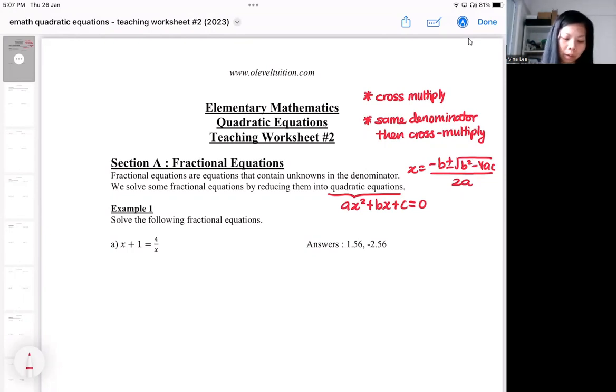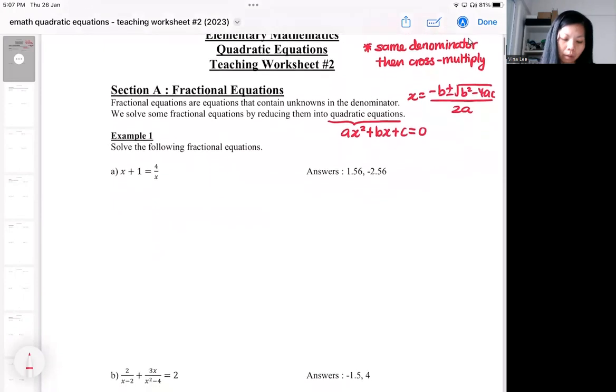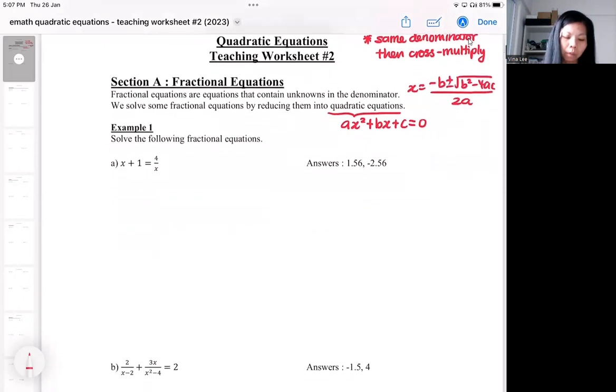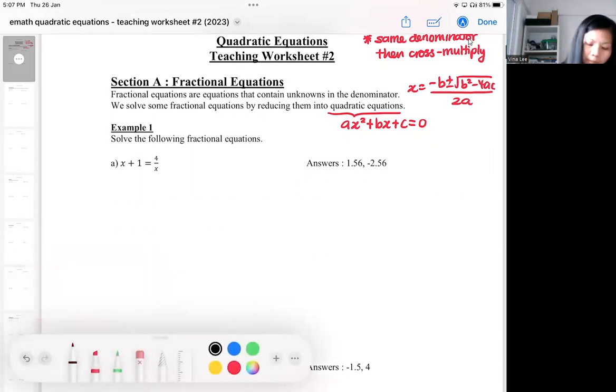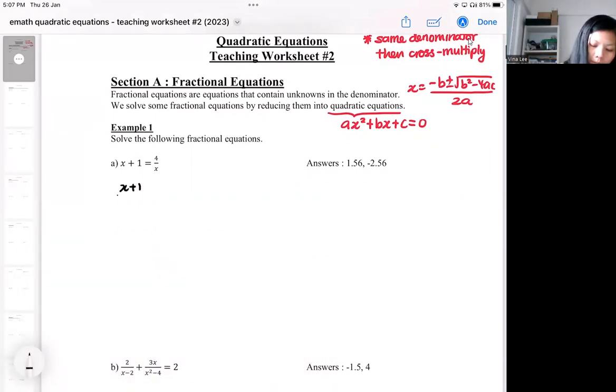For the first one here, 1a is a typical one where I will do a cross multiplication. So it's x plus 1 over 1 equals 4 over x, and then I will do my cross multiplication.